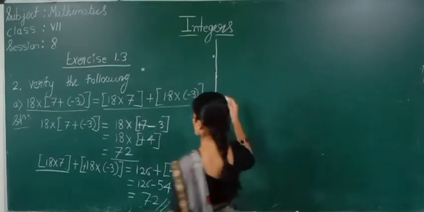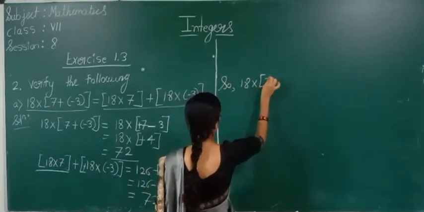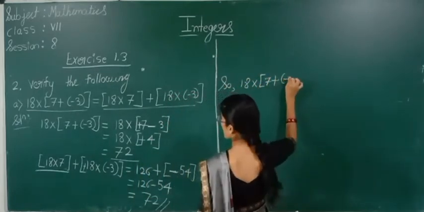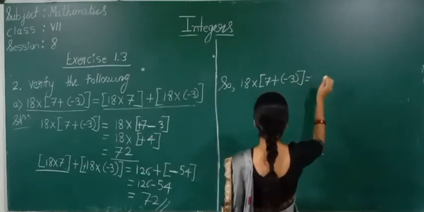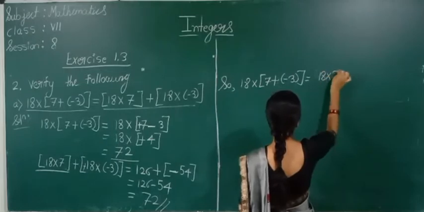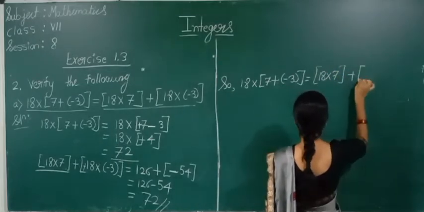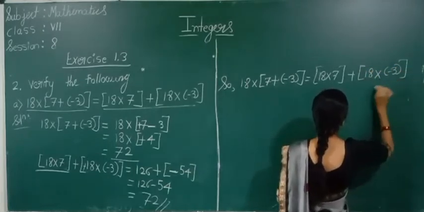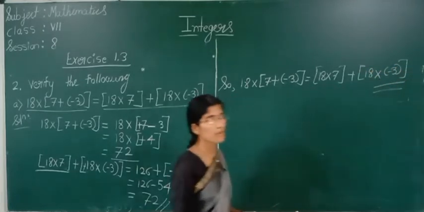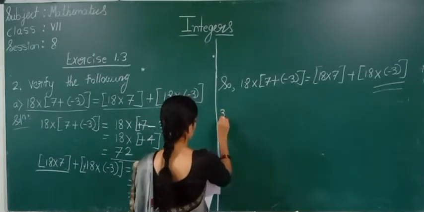What we can write? So, 18 into 7 plus minus 3 is equal to 18 multiplied by 7 plus 18 multiplied by minus 3. Hence proved. So next one, third main we will see.